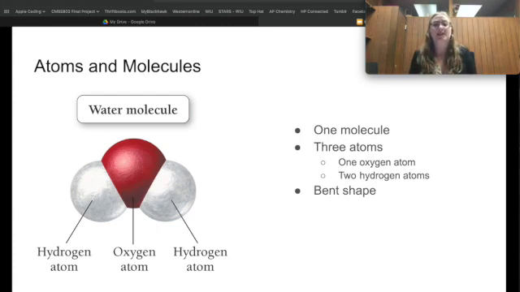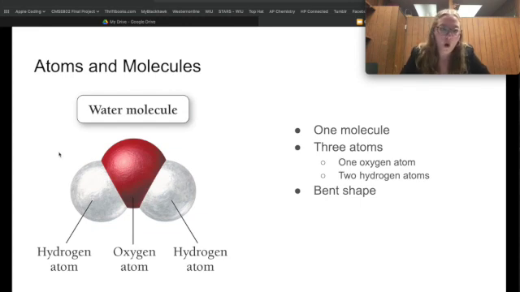So, for example, we talked a little bit about this earlier, but this is a water molecule. This is what we call a space-filling model. We'll talk more about all the different ways we can model atoms in the future. But this red chunk right here in the middle represents the oxygen atom, and it has 2 hydrogen atoms on either side.